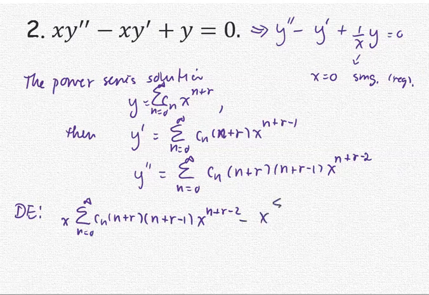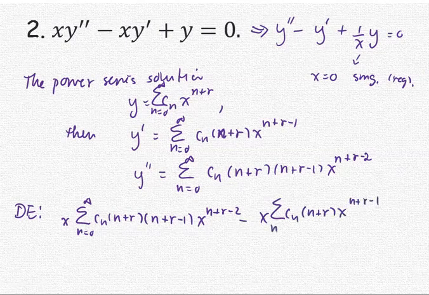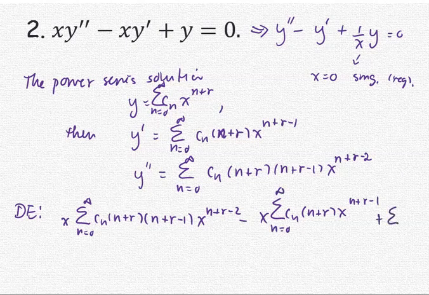Second term, x times summation Cn, n plus r, x to the n plus r minus 1, n from 0 to infinity. And the last one is the summation of Cn, x to the power n plus r, n from 0 to infinity equals 0.